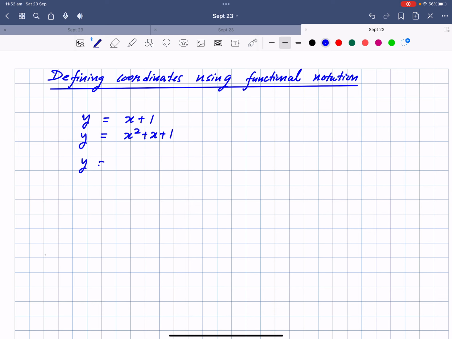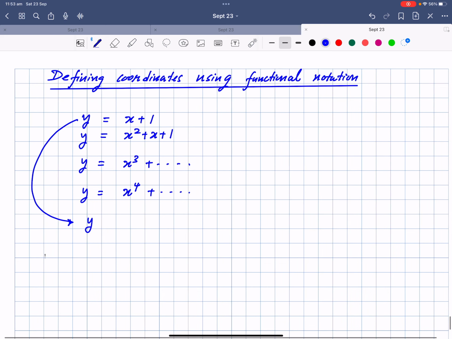You can go on like that, x to the power 3 plus whatever, x to the power 4, whatever. The same thing, you can write y is equal to p plus 1. Same thing you can write y is equal to p squared plus p plus 1.